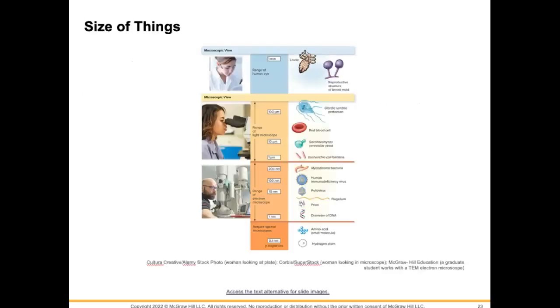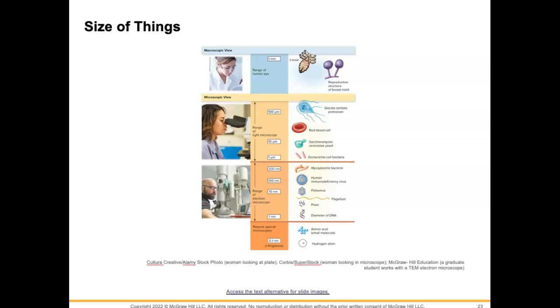I think it's in your book. Yeah, so here's the picture. So you can see bread mold at the top, and you can see a hydrogen atom at the bottom, and we know that hydrogen atoms are very, very small. You can see that E. coli kind of falls right around the middle. Red blood cells are bigger than those.